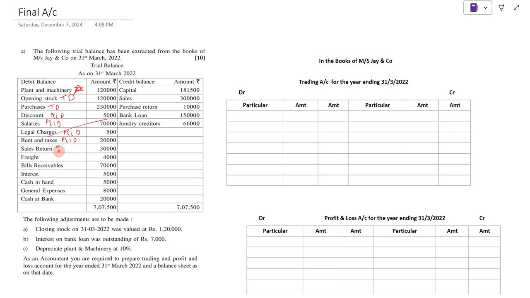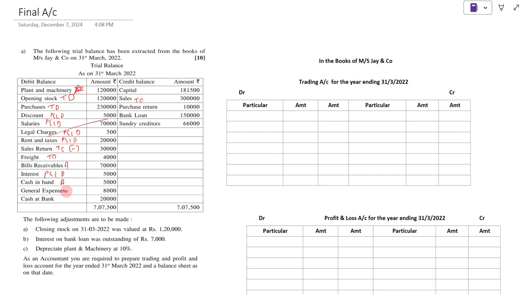Sales return will go in trading account credit side. From this sales we have to less the sales return. Then freight, trading account debit side. Bills receivable, assets. Interest, P&L account debit side.